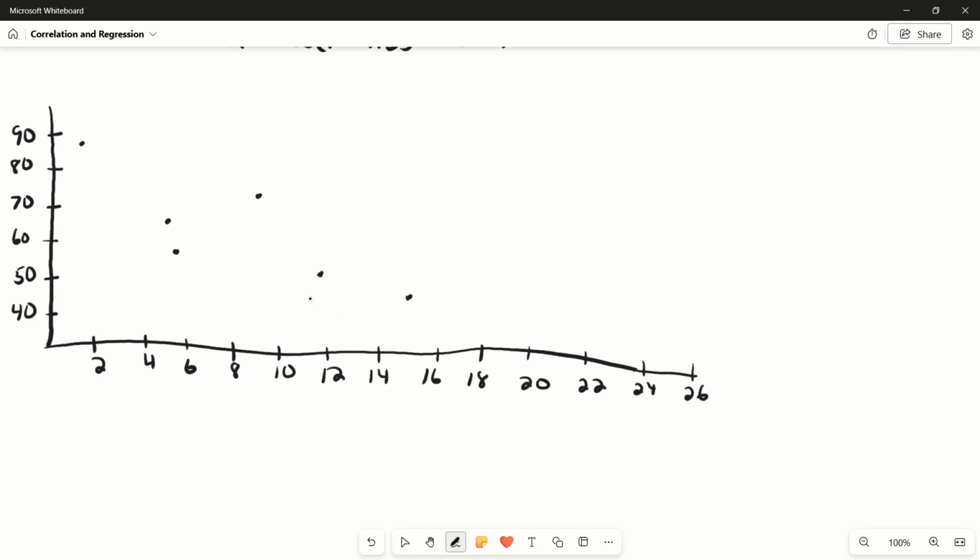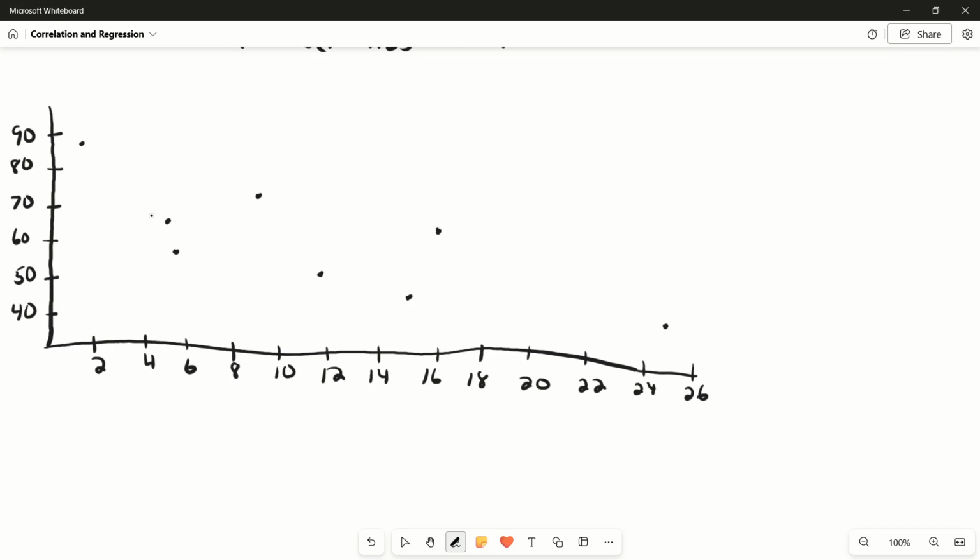So something like that. 25 and 42, that's way out here, just above the 40. That looks like an outlier here. And then 16 and 60 goes right here. And that's my scatter plot.